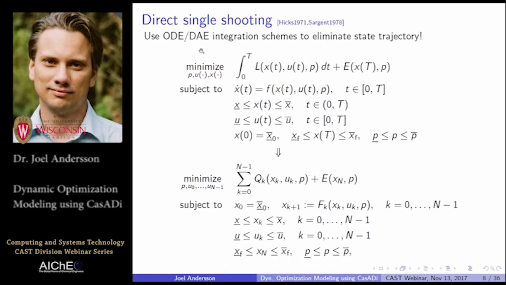So think of MATLAB's ode45 or ode15s or whatever, and introducing this in our optimization formulation allows us to eliminate the state trajectory. So we're going from a continuous time problem to a discrete time problem, where we only have our free parameters and our control parameterization. And in our control formulation, we have this ODE integrator that allows us to eliminate the state trajectory. So this is like an algorithm here.